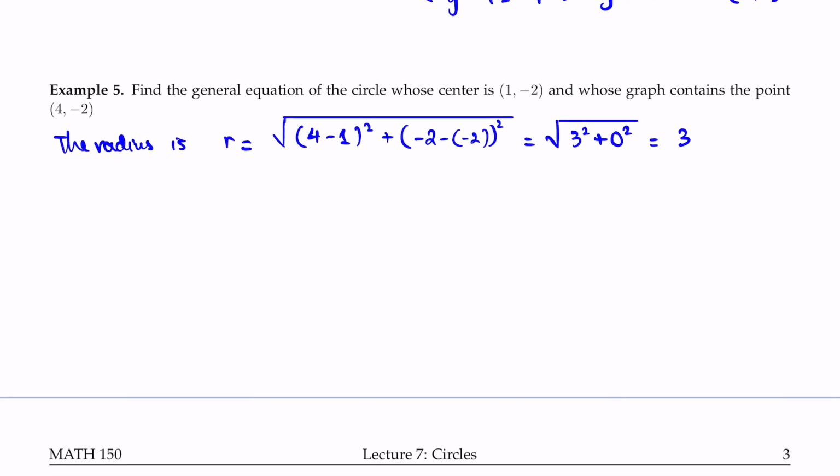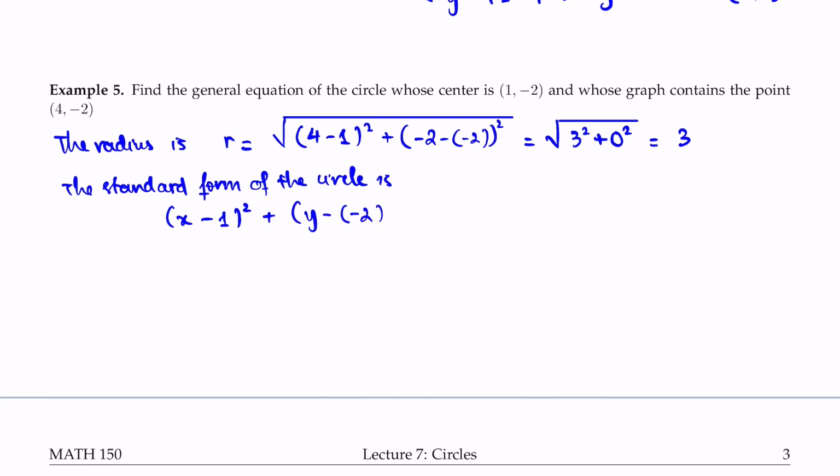Again, the idea is to find the equation of a circle in the general form. To get to the general form, you need to start with the standard form. The center is (1, -2), so the standard form is (x minus 1) squared plus (y minus -2) squared equal to 3 squared.